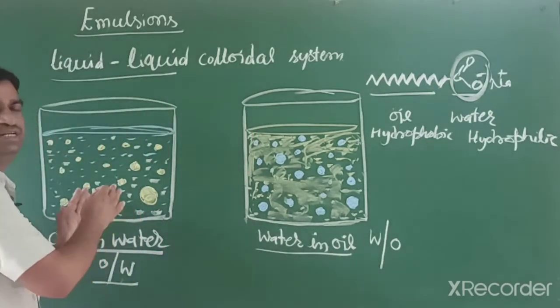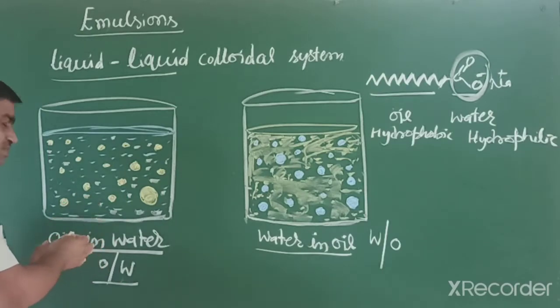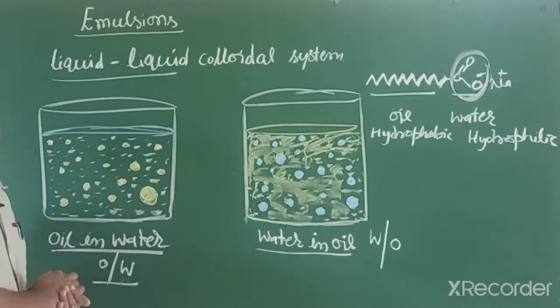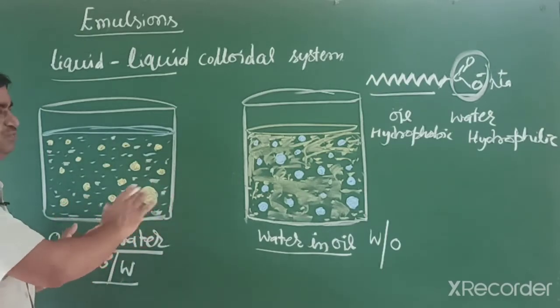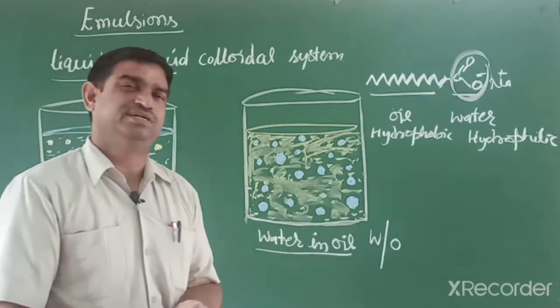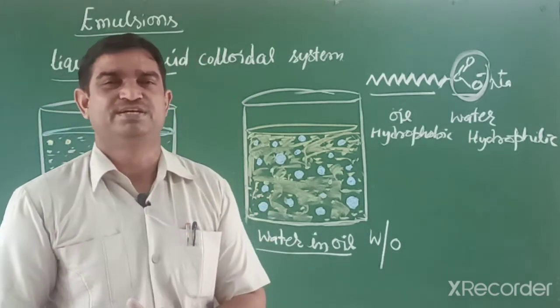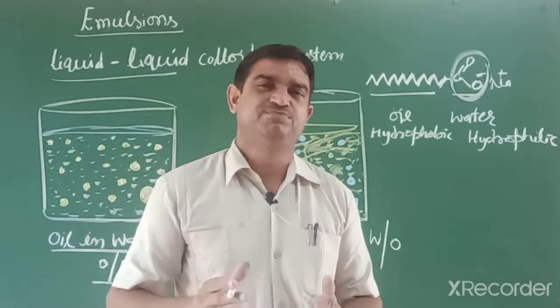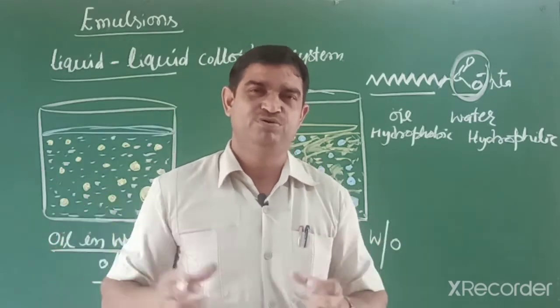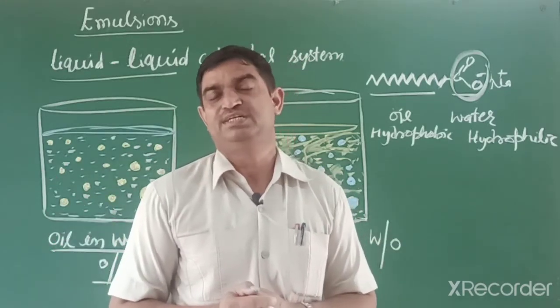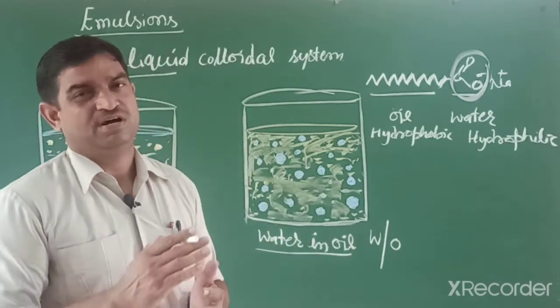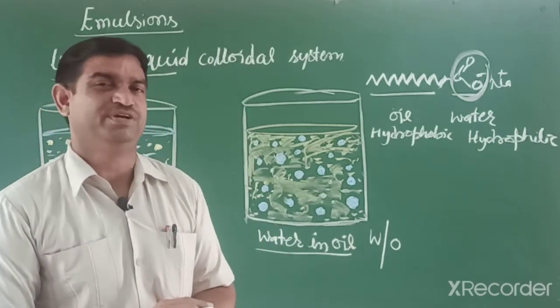And gum, gelatin, starch we use in oil in water, and proteins for that. But we can use both soaps and synthetic detergents as emulsifying agents. So the emulsifying agent easily holds both because that agent has both parts, hydrophobic as well as hydrophilic.